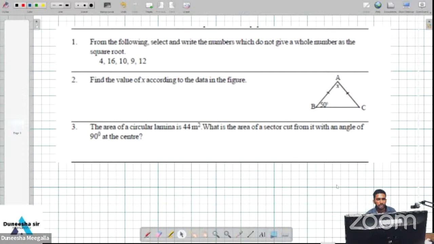From the following, select and write the numbers which do not give a whole number as the square root. Can you find out? First 3 questions.